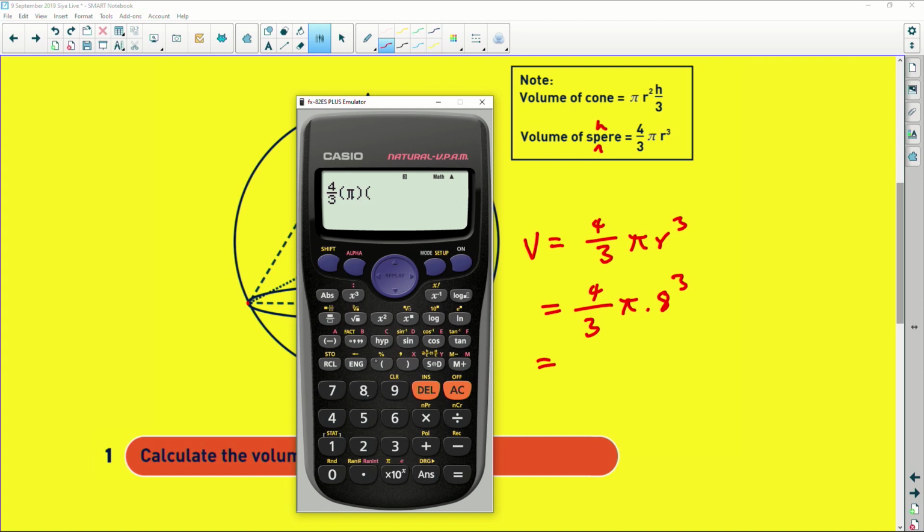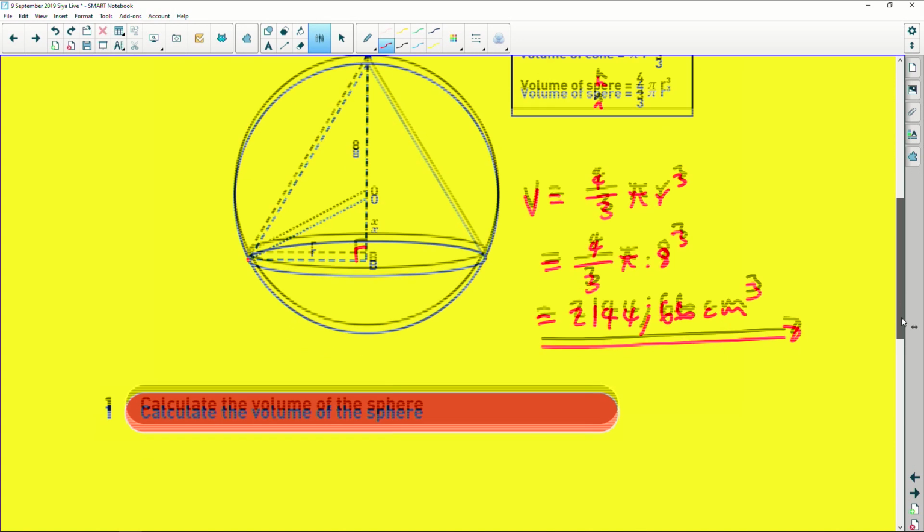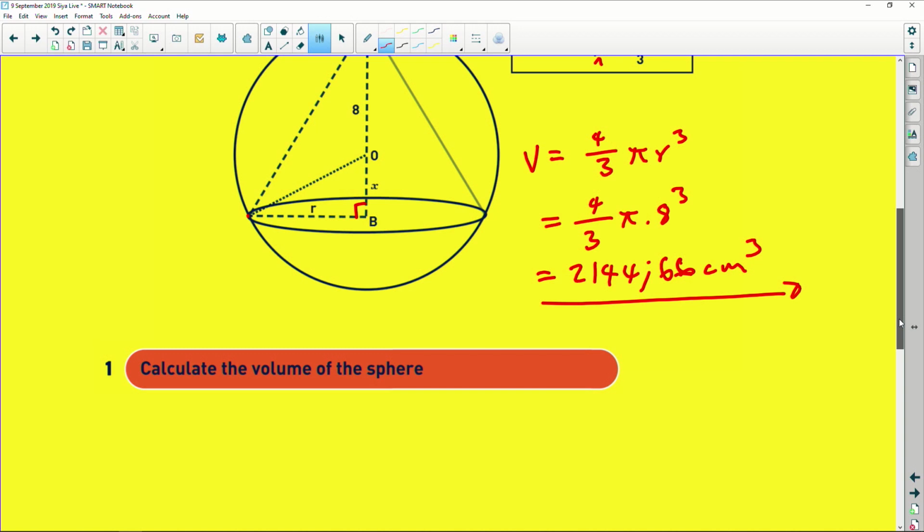Please don't ever use 3,14. You use pi because the calculator has it. This will be 2144,66 centimeter cubed. It is already given to us as centimeters, so it will then be centimeter cubed.